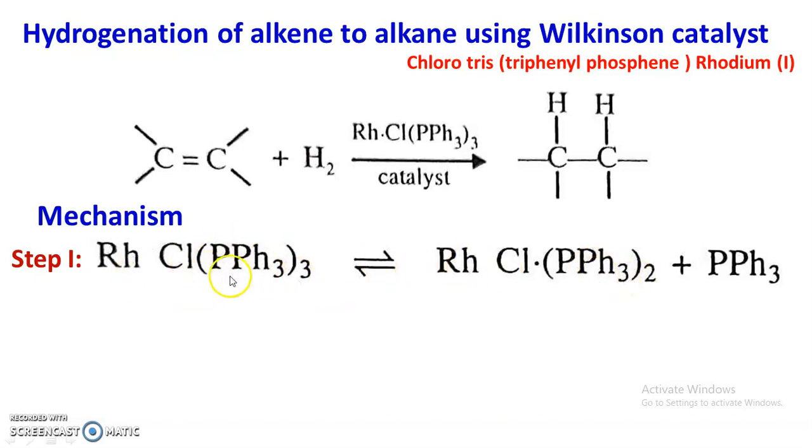This is the tetracoordinate complex, the coordination number is 4, and for this, 1 triphenylphosphine is lost and we get the tri-coordinate complex.